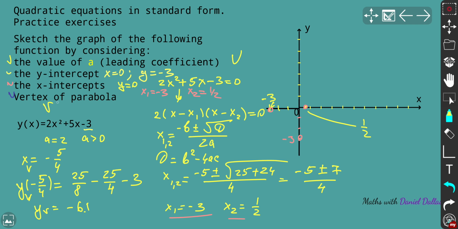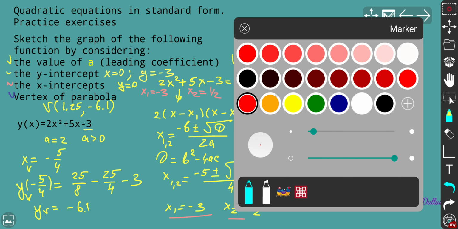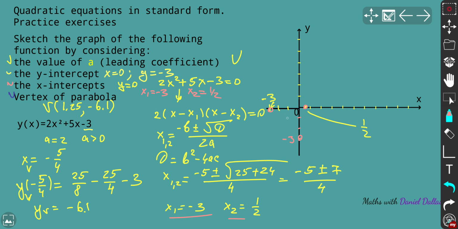So the vertex coordinates are negative 5 over 4, which I can also convert as negative 1.25, and negative 6.1 to 1 decimal place. So that's the vertex. And if I drop these coordinates on the Cartesian plane, everything is set up to plot the vertex and sketch the graph.